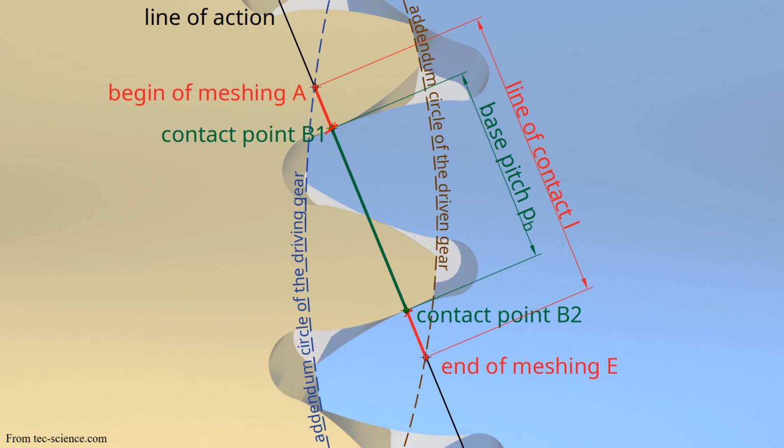So what happens in these meshed gears is that whenever one gear tooth is engaged with the other gear wheel, it is going to have a specific point moving over this involute surface.